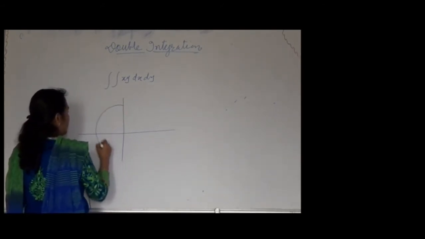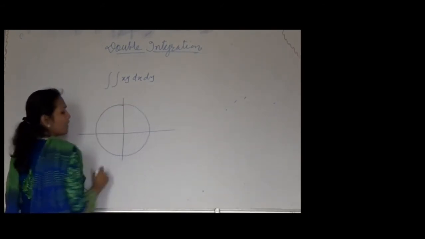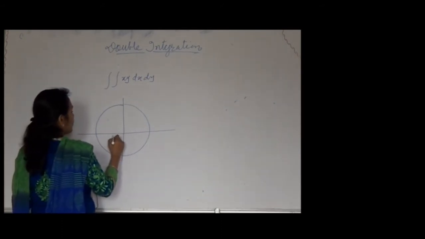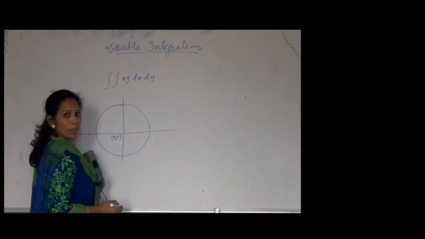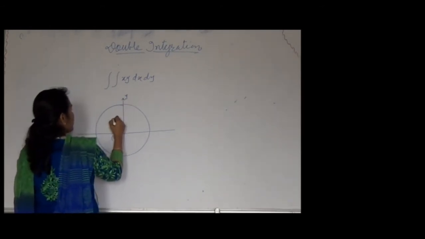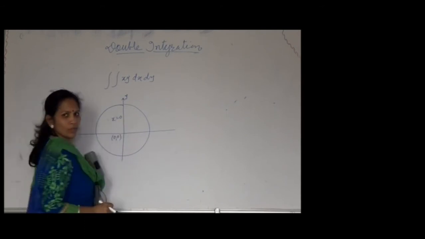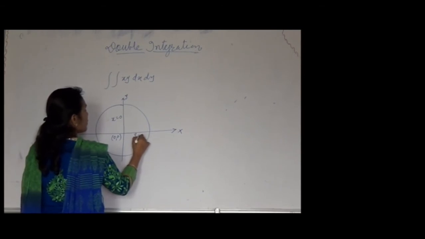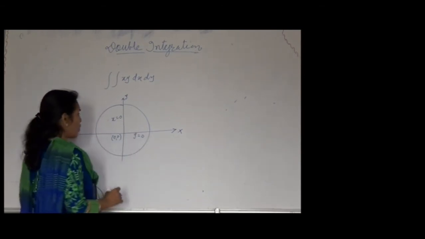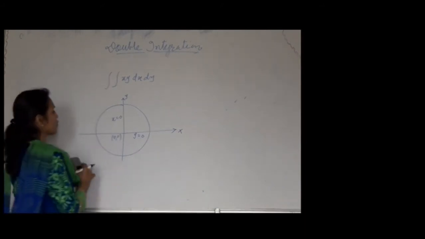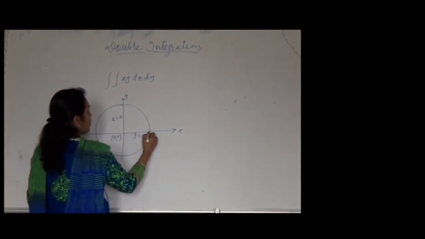If I draw one circle whose center is the origin (0, 0), this is the y-axis whose equation is x equals 0, and this is the x-axis whose equation is y equals 0. Suppose this circle is drawn with radius 1, then this is the point (1, 0).